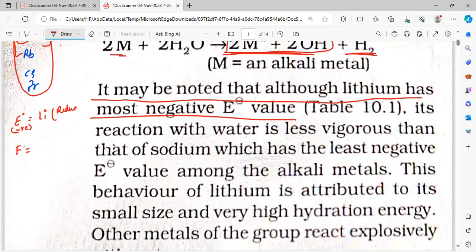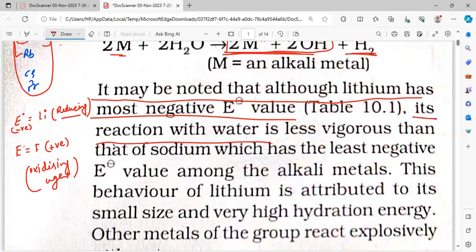And fluorine, if you talk about its E naught value, is most positive, so it is an oxidizing agent. Anything having a negative SRP value, E naught value, will have reducing nature, and a positive value will have oxidizing nature. So here you see, its reaction with water is less vigorous than that of sodium, which has the least negative E naught value among the alkali metals.